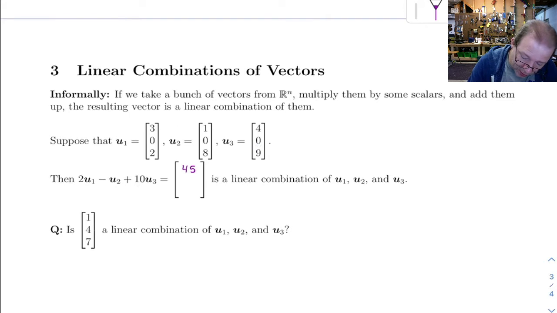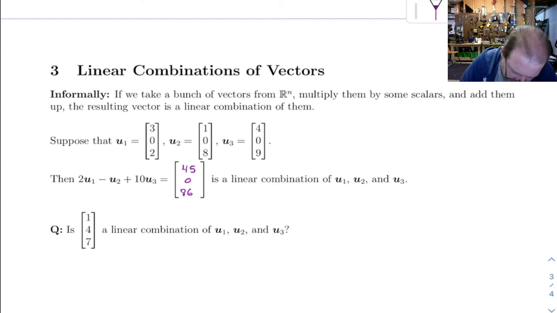So that's just 0. And the last one is, let's see, 2 times 2 is 4, minus 8 is -4, plus 90 is 86. So you get 45, 0, 86. And that's a linear combination of those three things. So that's just one linear combination. There are infinitely many of them.